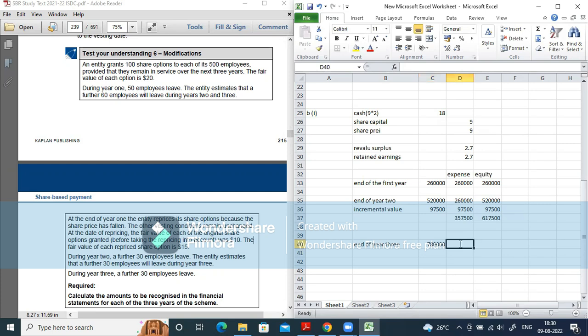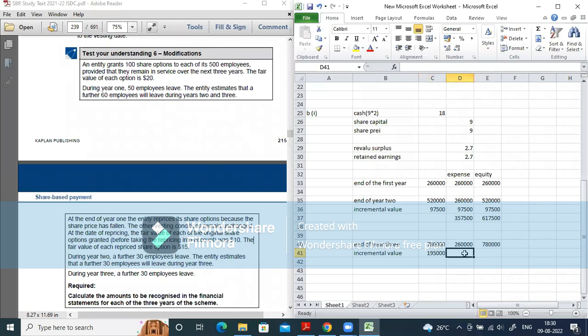So our expense would be 7,80,000 minus 5,20,000. So equity would be 7,80,000. Then same for this also, we need to compute the incremental. Now the incremental value would be minus 50, into 5. So 1,95,000.